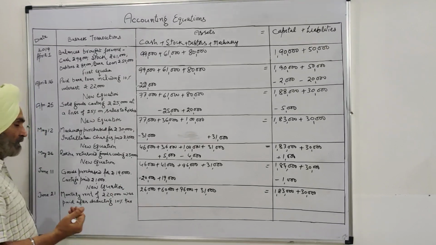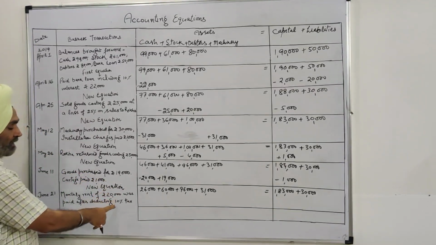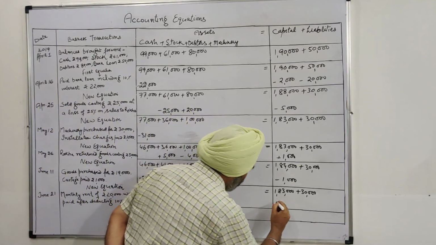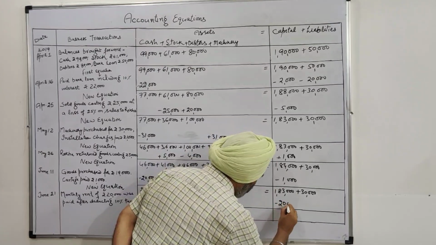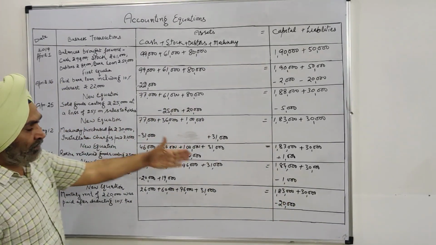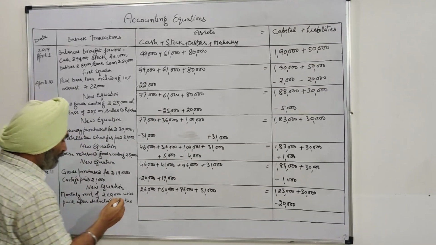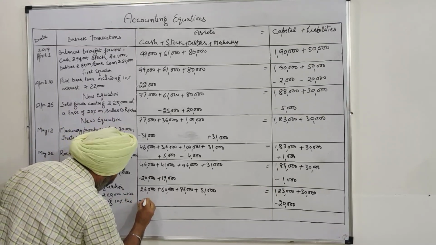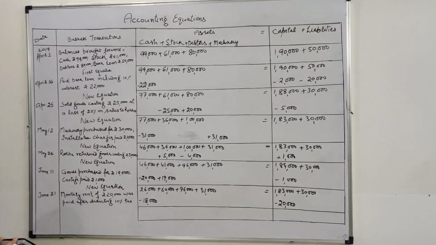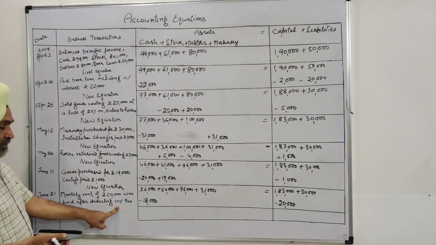We deducted the tax. This is as per the income tax laws. So monthly rent is 20,000. So that means our capital will decrease by 20,000. And we have paid 18,000 cash after deducting 2,000 as tax.